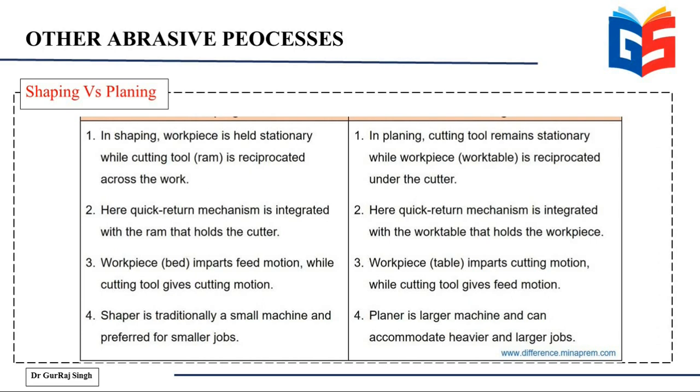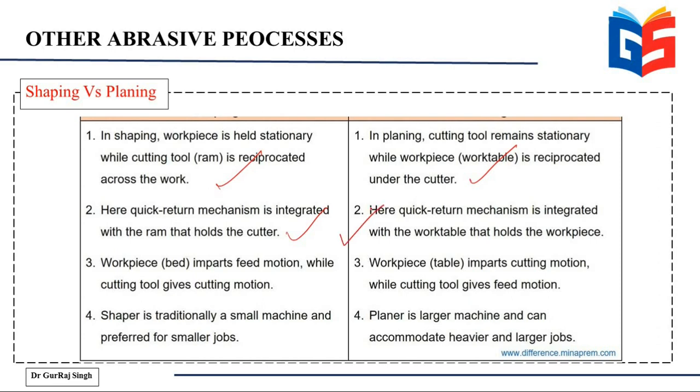In shaping, the workpiece is held stationary while the tool is reciprocated, while in planing the tool remains stationary while the workpiece is reciprocated. In shaping, the quick return mechanism is integrated with the ram. In planing, the quick return mechanism is integrated with the workpiece.